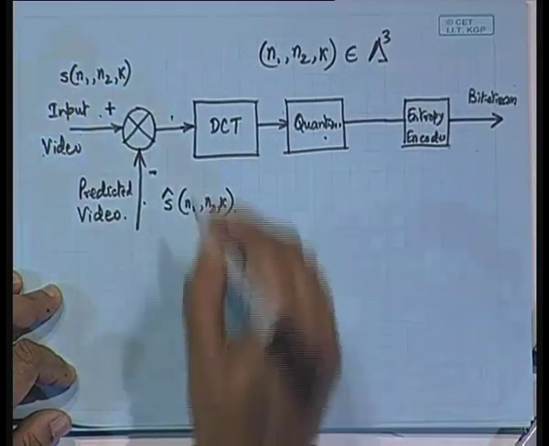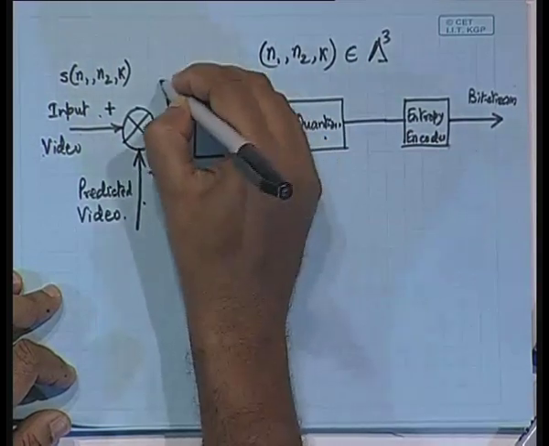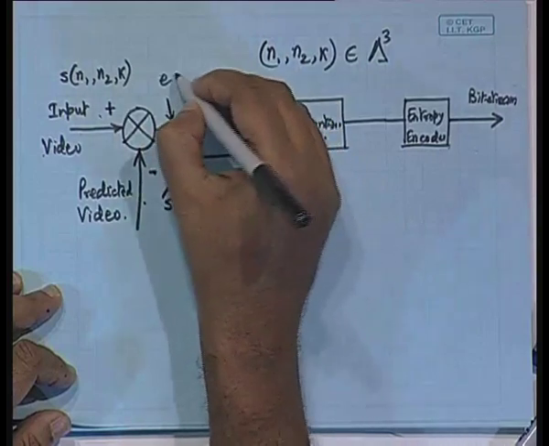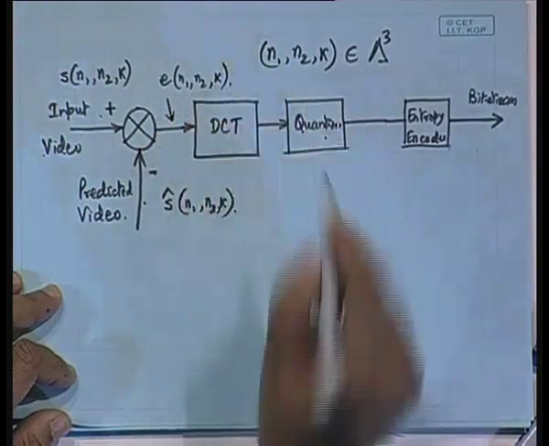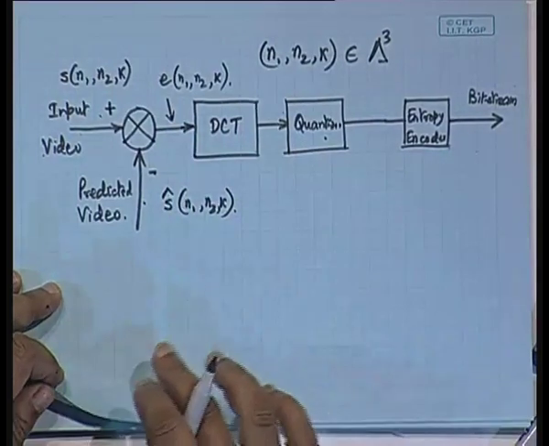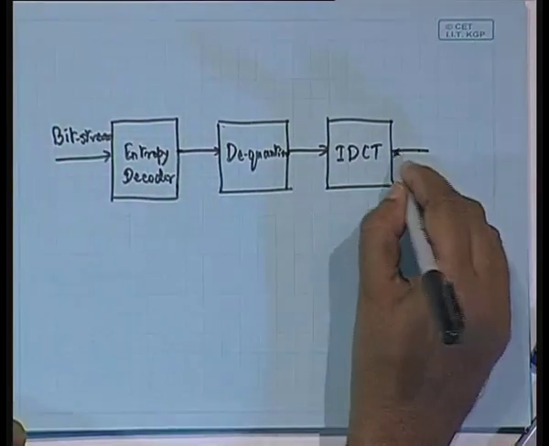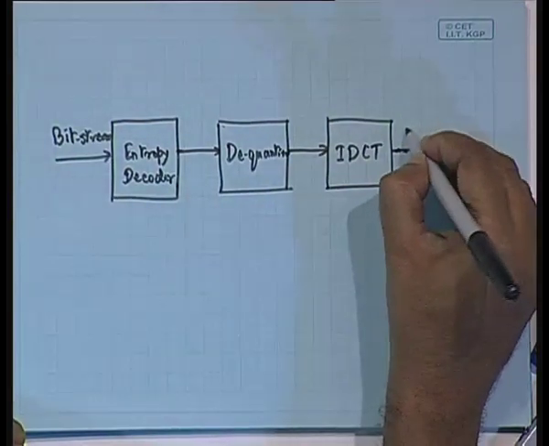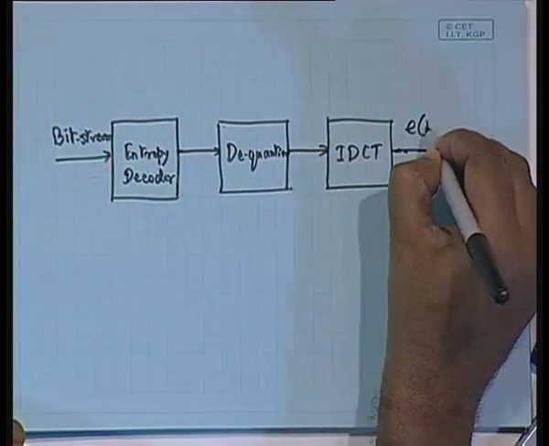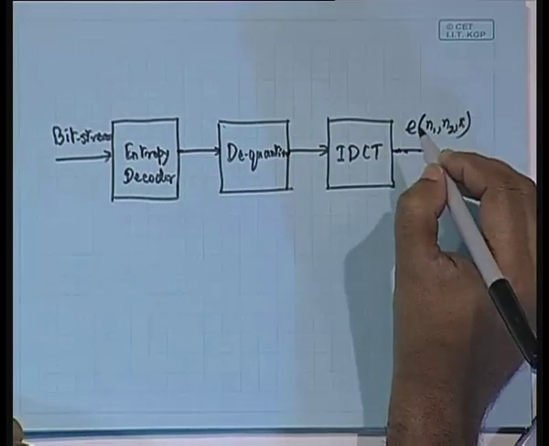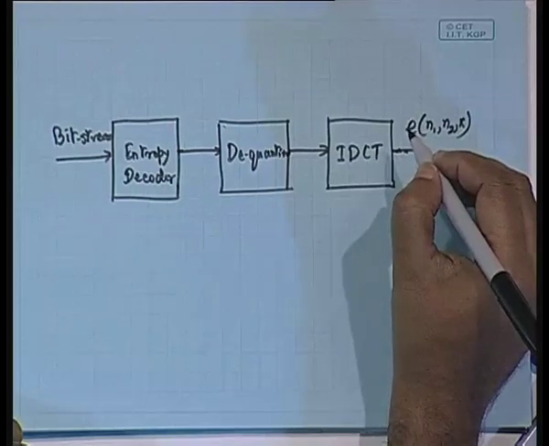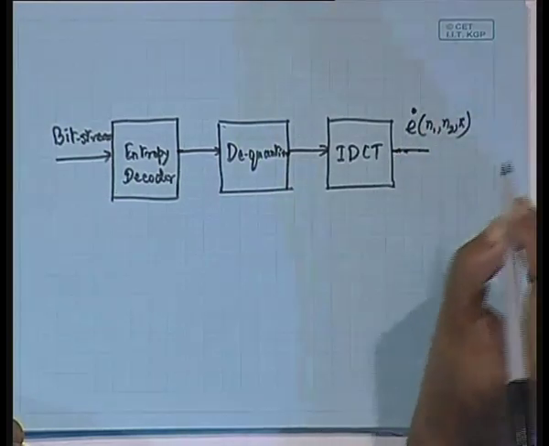The error we will denote as E of n1, n2, k. Now, at the IDCT output we want to get E of n1, n2, k, but we will not get exactly that, we will get E dot of n1, n2, k.